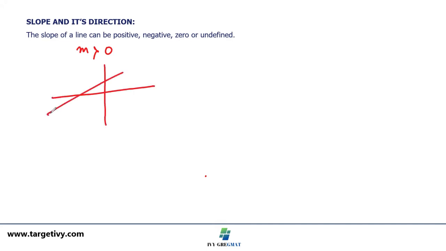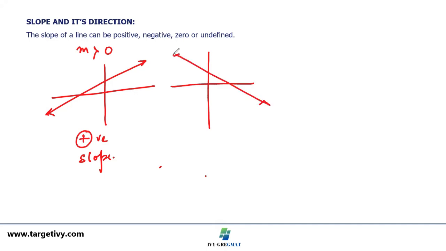Say the slope is like this. This is a positive slope. Fair? If the slope is like this, that means m is less than 0, so it is a negative slope.